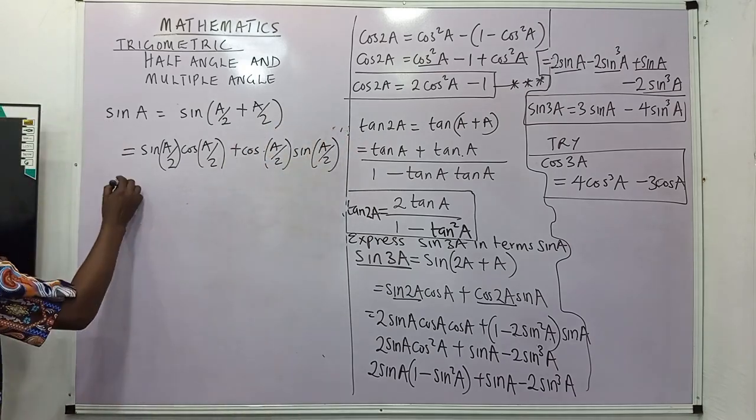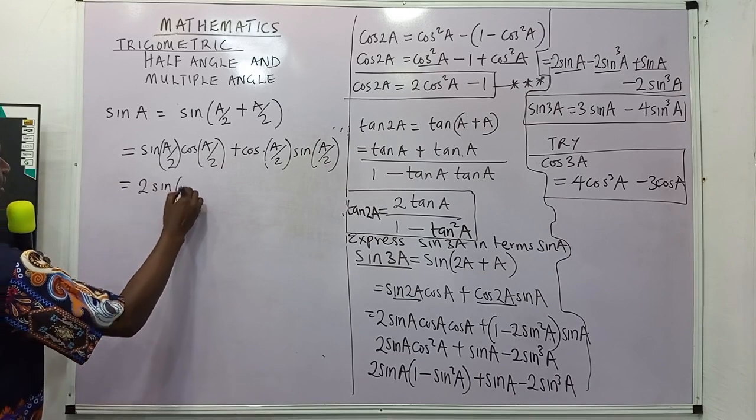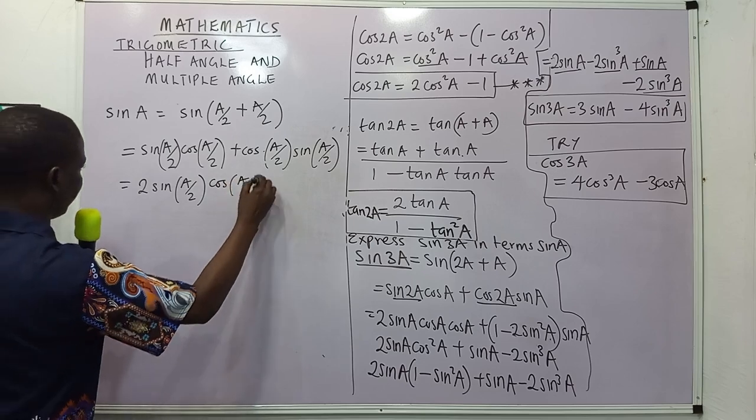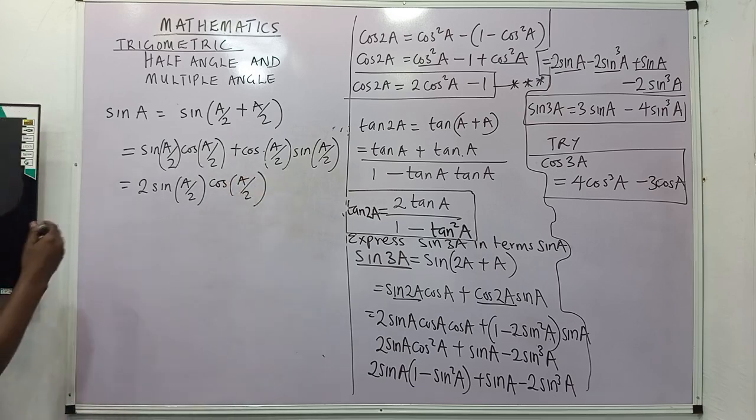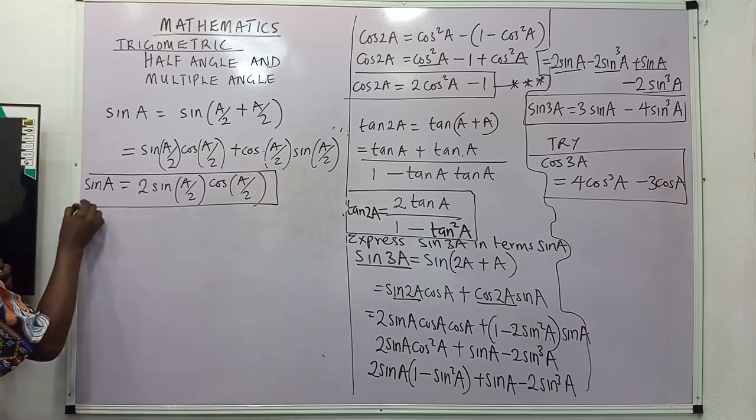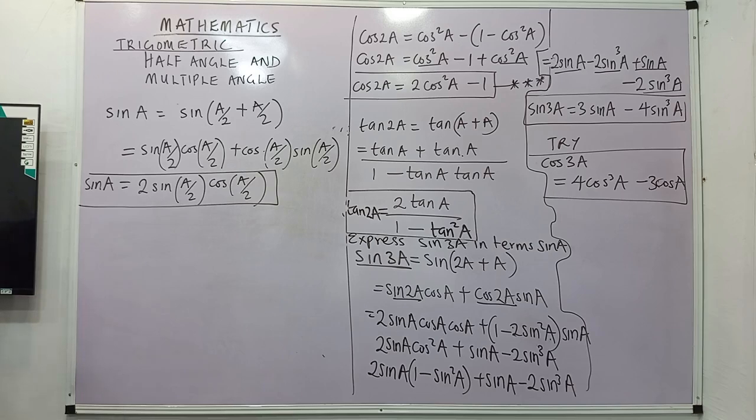So that will now give us 2 sine A over 2 cos A over 2. That's what I want to have as sine A in half angle. That is the first thing we are going to have.